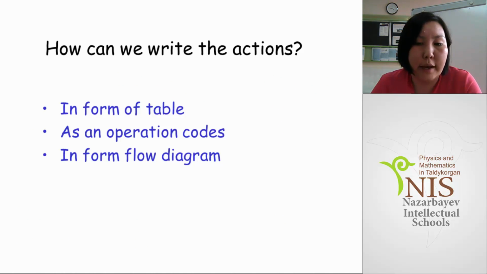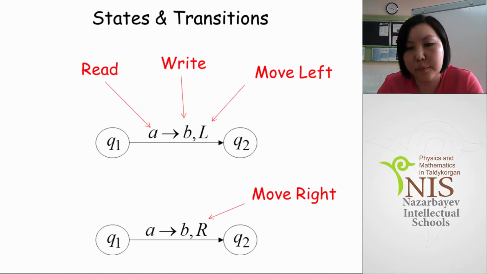How can we write the actions? There are different ways: in the form of a table, as operation codes, and in the form of a flow diagram. Let's look at the diagram. States and transitions in the diagram are represented as here. The letters Q1 and Q2 represent the states.